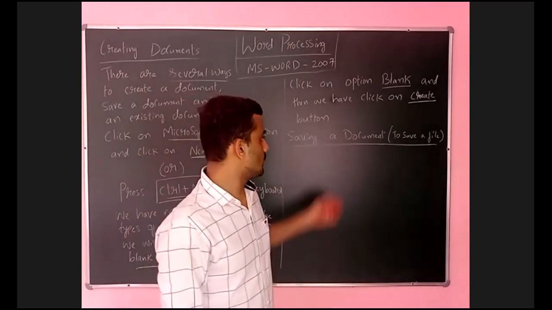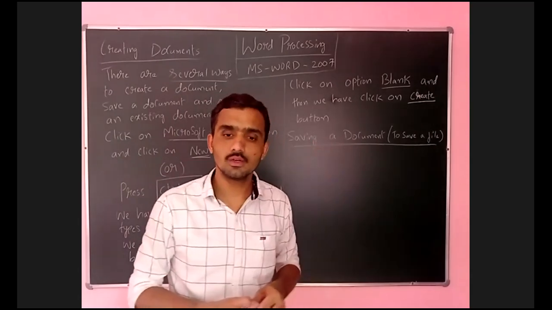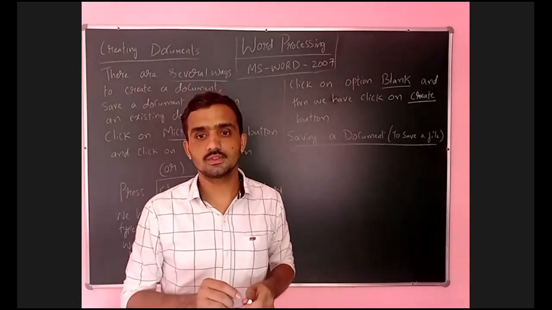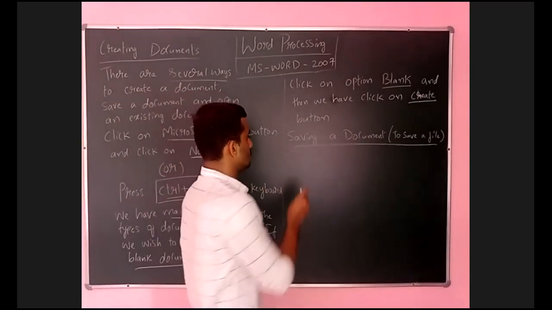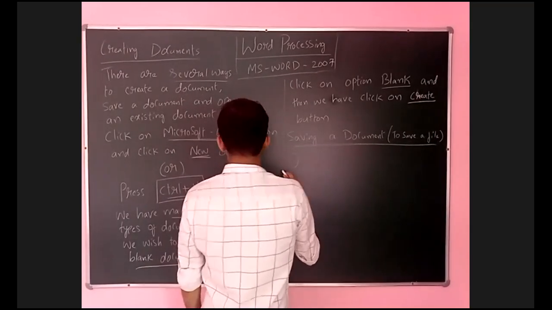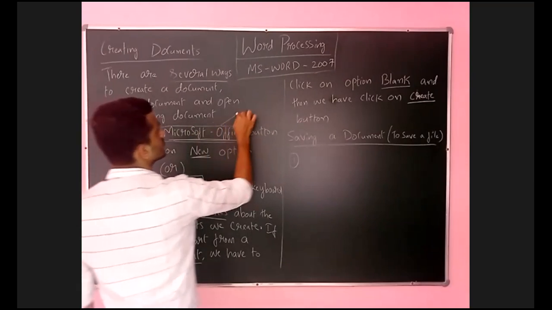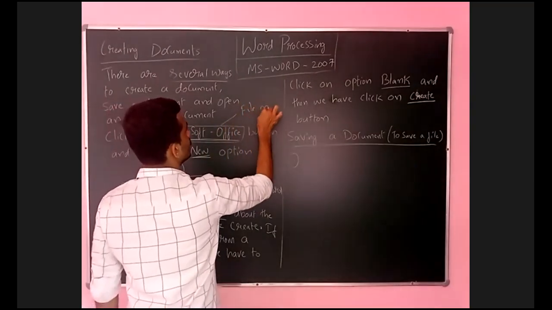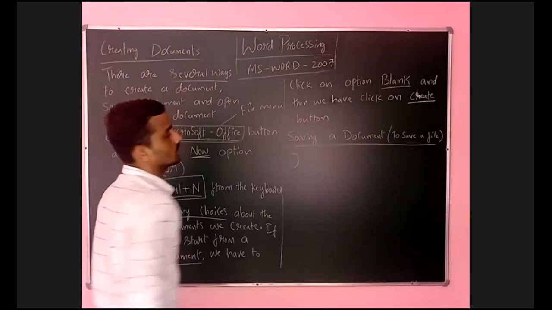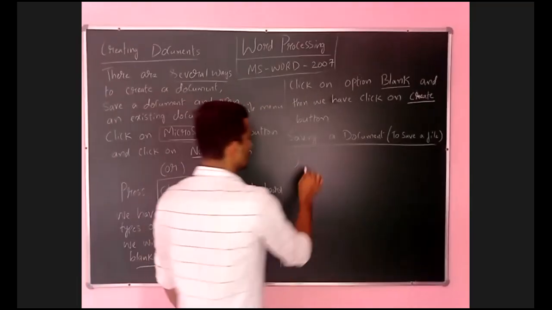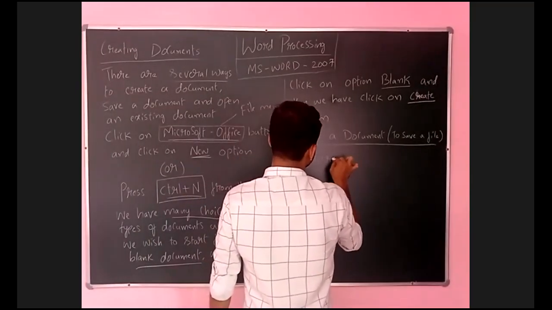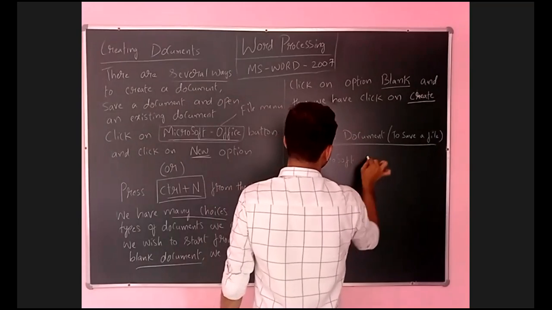If you want to save a document, here also there are two ways. The first option is the same thing: you can go to the Microsoft Office button. As I said, it works similarly to the File menu of Word 2003. Click on the Microsoft Office button.